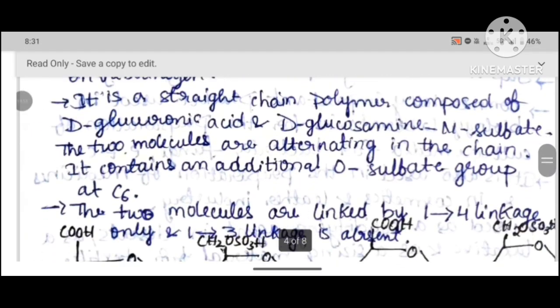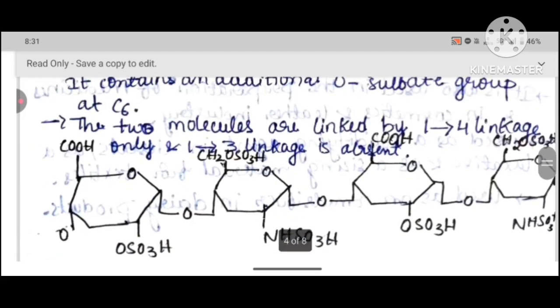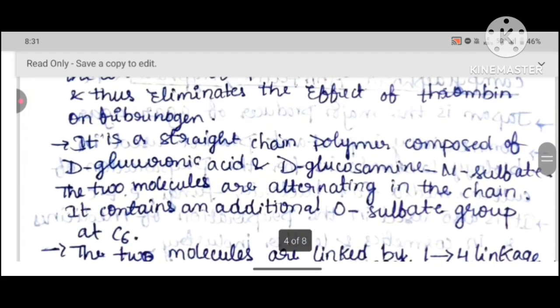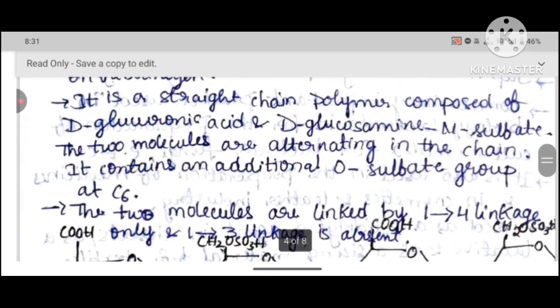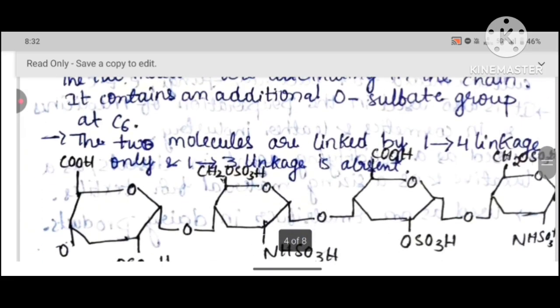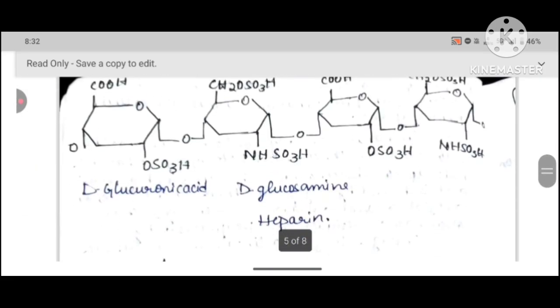It is a straight chain polymer composed of D-glucuronic acid, D-glucosamine and N-sulfate. The two molecules alternate in the chain. It contains an additional O-sulfate group at carbon atom 6. So this is the structure of heparin. As you can see here, it consists of D-glucuronic acid, glucosamine and N-sulfate molecules.